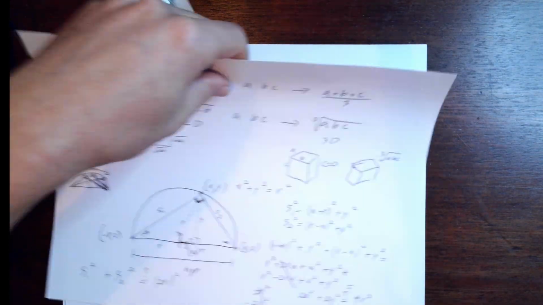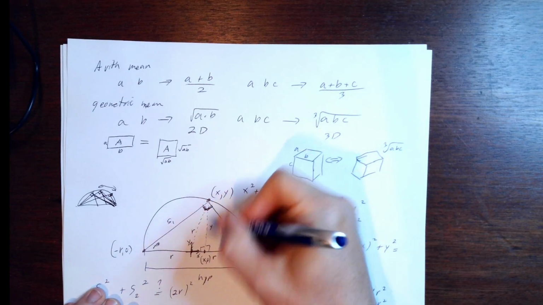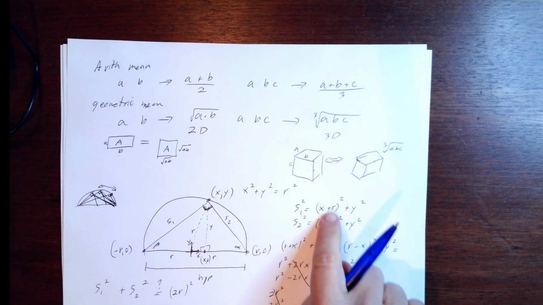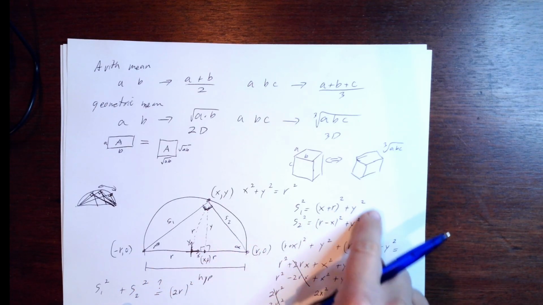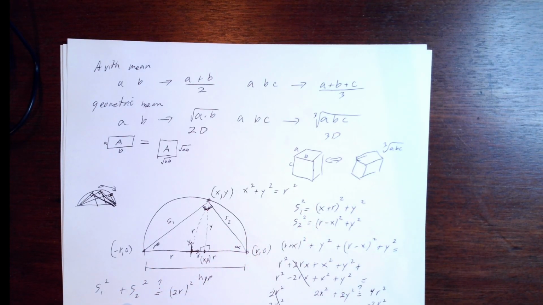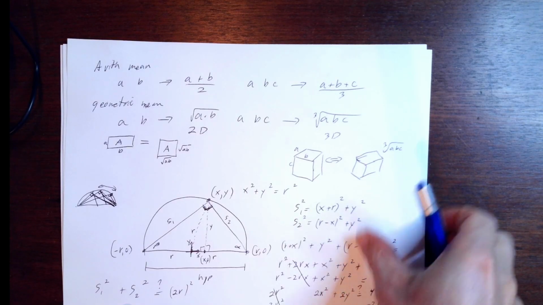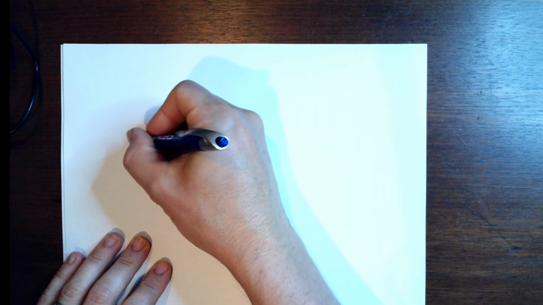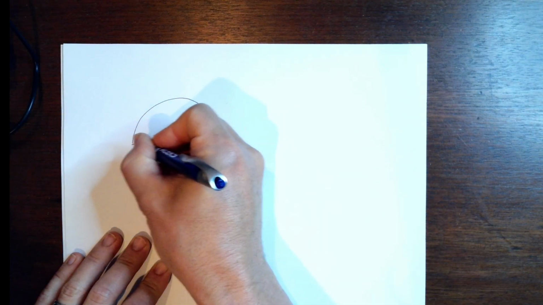Recall we had the altitude drop down right there, and we used that when we defined the base lengths for computing S1 and S2. Well, let's keep playing with those. We'll take a slightly different approach on them. Our next goal in our journey to the geometric mean is to prove that the triangles that we've been playing with are actually all proportional to each other. So again, back to our main drawing.